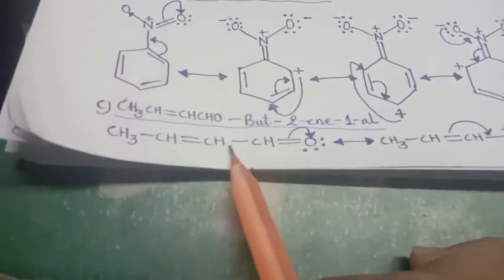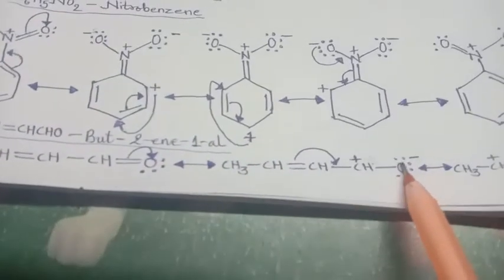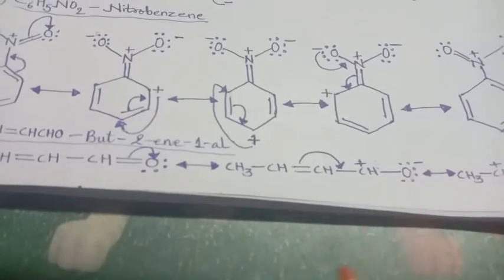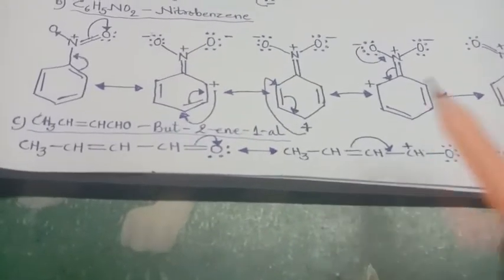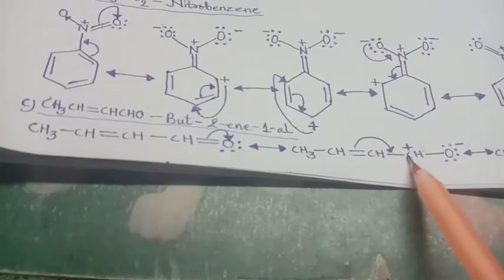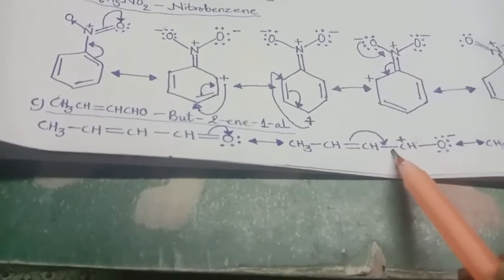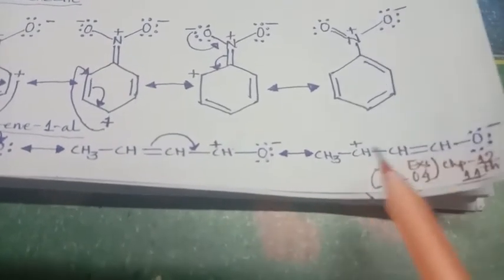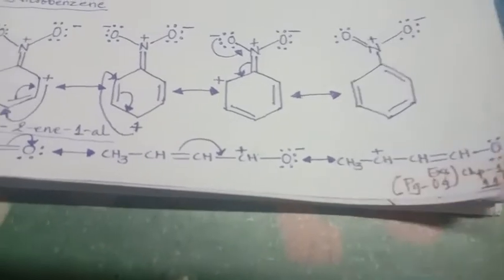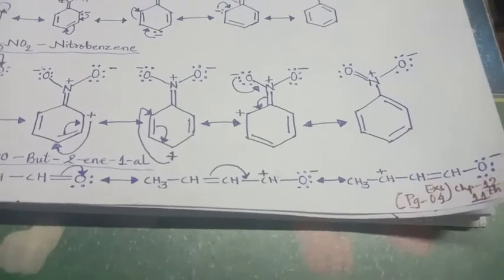This CH will now carry a positive charge. Clear? And on the oxygen it will be a negative charge. Understood? And to satisfy the valency of the carbon, this bond will shift over here, and we will have now a double bond like this, and it will carry the positive charge because the electron is given.